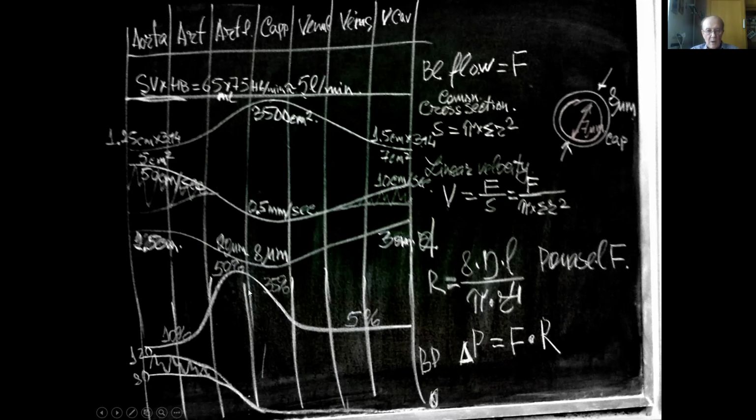You see the maximum of the common cross section at the capillaries, the minimum linear velocity at the capillaries, the minimum diameter at the capillaries, but the vascular resistance is maximum before the capillaries, not at the capillaries, and 5% in all the veins. If we add these values, we will have 100%.